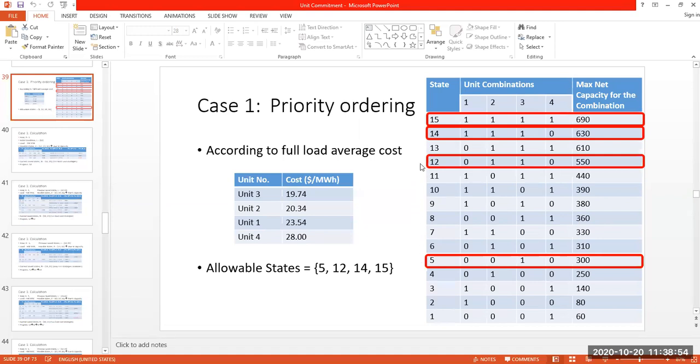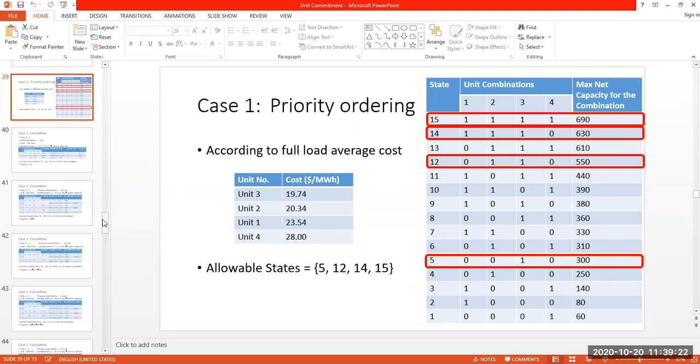Your feasible states would be 12, 13, 14, and 15. State 5 will not be taken into account because its maximum capacity is less than your current demand of 450 megawatt. So although 5 is an element in the set of allowable states, it is not an element of the set of feasible states because it doesn't have the capacity.